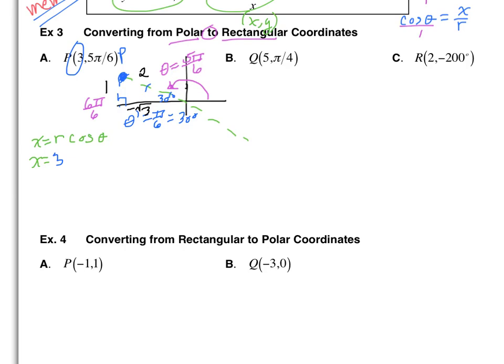And so then that's going to be times the cosine of a 30-degree angle, because I'm going to use my theta prime because it's coterminal to the 5 pi over 6. So what is the cosine of that 30-degree angle? Yeah, so the cosine is adjacent over hypotenuse, so it's negative rad 3 over 2.